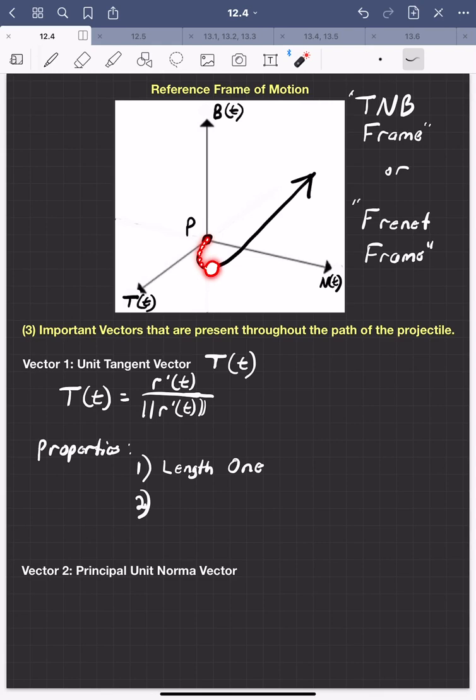So by the time your projectile has reached this new point where I'm highlighting, you can imagine that your unit tangent vector would now be pointing in this direction, again giving you insight as to the direction of motion. So it points in the direction of motion.